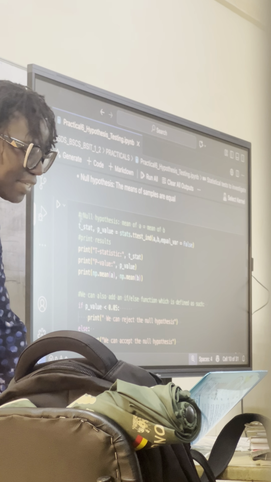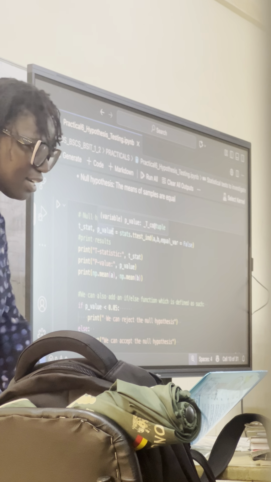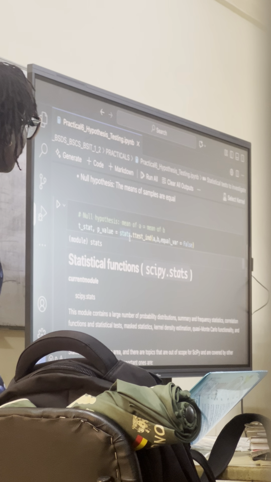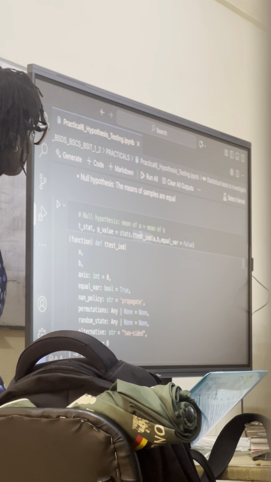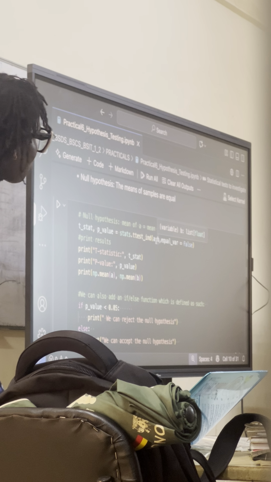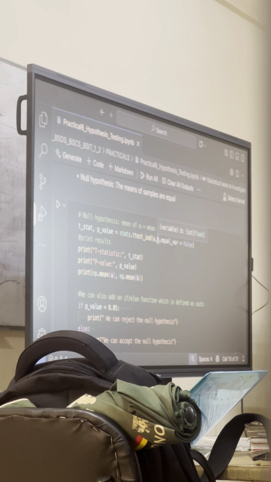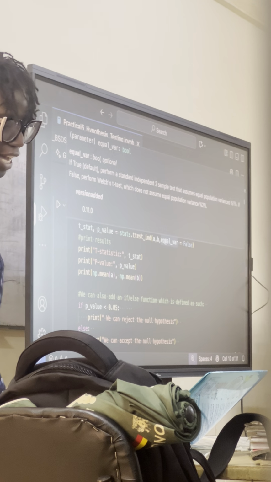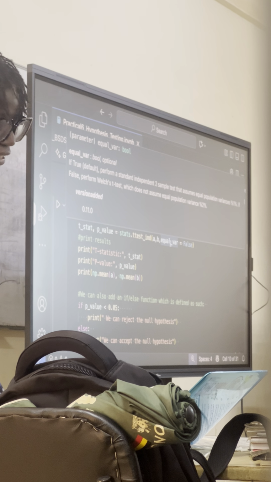Here we have our t-statistic and our p-value that we're trying to generate. Instead of just doing the one-sample t-test, we now use ttest_ind, and we have both samples, A and B. We are looking at whether they are equal.